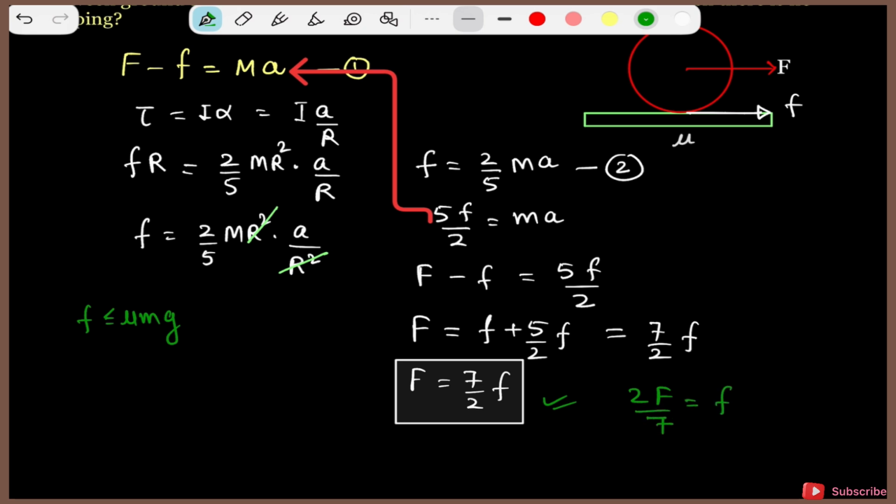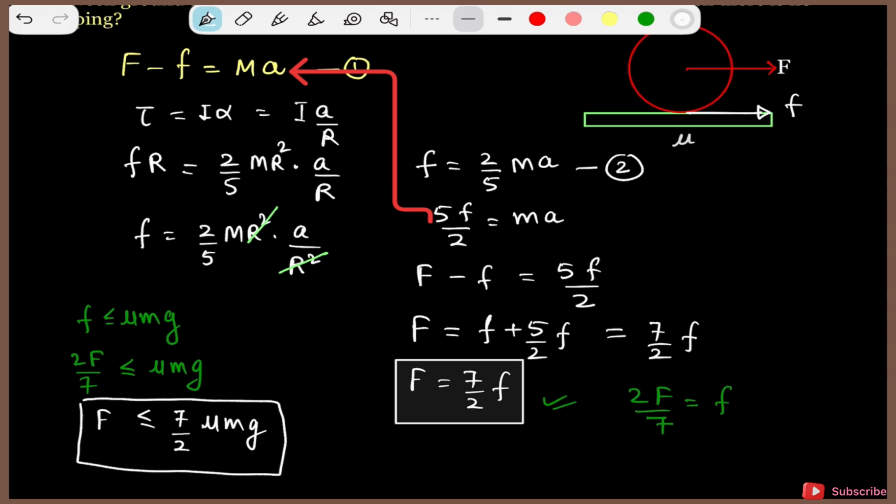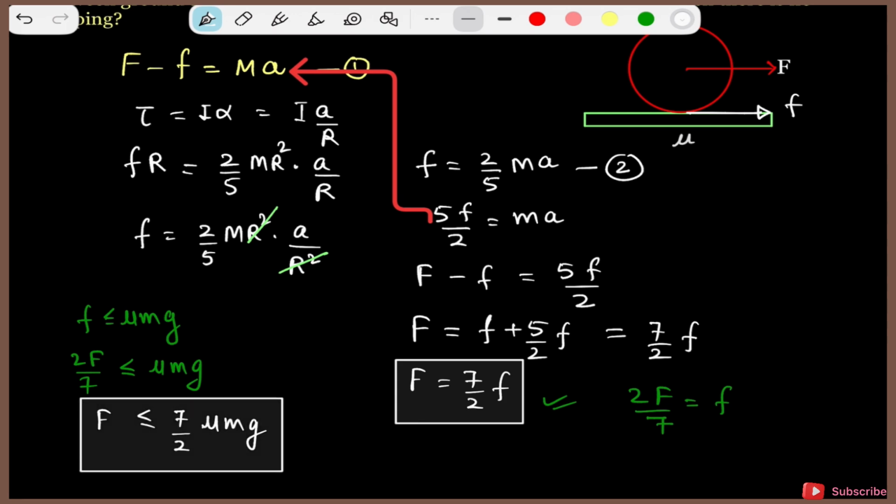So we can plug the value of friction here, that is 2F by 7 must be less than or equal to mu mg. So from this situation, the external force F is equal to 7 by 2 mu mg. So this is the required value of external force applied on the sphere under which there is pure rolling.